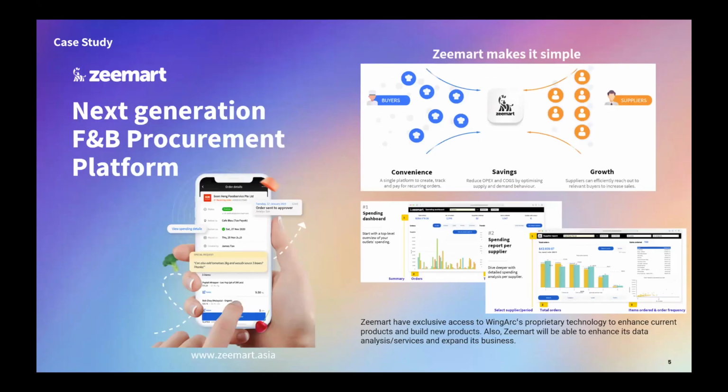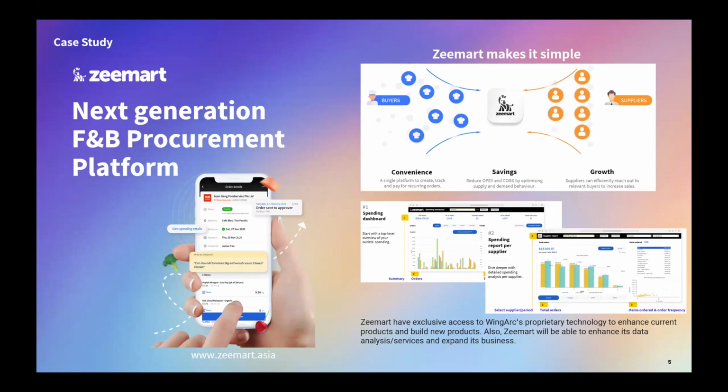So next, I'd like to introduce a local case study in the F&B industry. GMart is a Singapore company offering F&B procurement services. These are complex operations between buyers and suppliers, and it was difficult to manage due to the lack of digitalization.